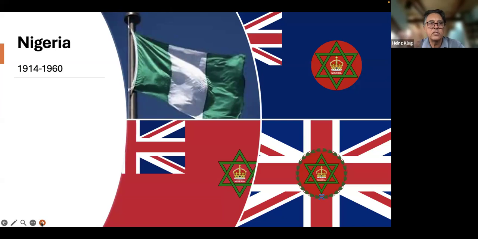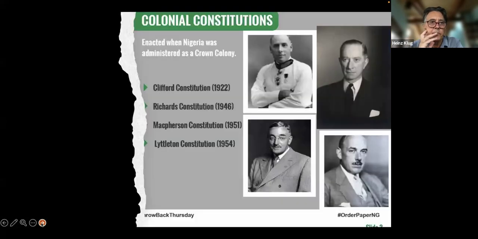So the example I'm using is Nigeria between 1914 and 1960, a series of constitutions. And what's interesting, of course, is many of these constitutions were named after the colonial governor that actually put them in place. So you have the Clifford Constitution in 1922, the Richards Constitution in 46, the Macpherson Constitution in 51.